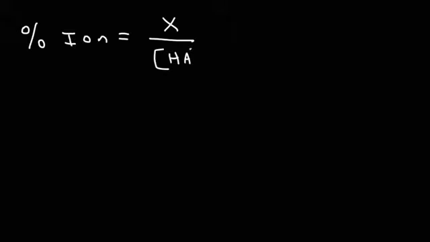Now, the next thing we need to talk about is how to calculate percent dissociation, also referred to as percent ionization. Percent ionization is equal to X divided by the acid concentration, that is the original acid concentration that was dissolved in the solution, times 100%.